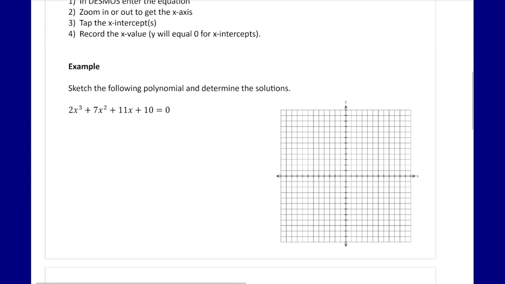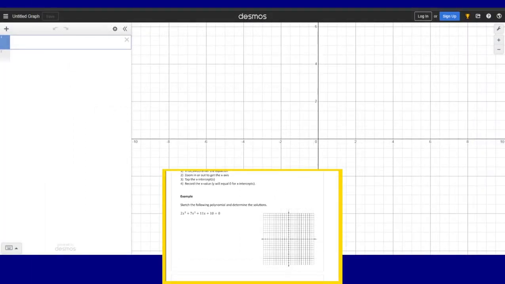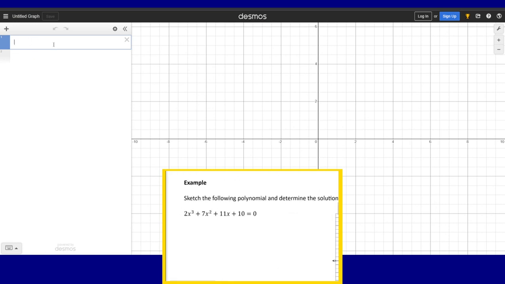So, for example, we want to sketch the following polynomial and determine the solutions. So yes, this is a four-term polynomial. We could factor by grouping, but if we were to try, we'd realize that it's not possible. So what we're going to do is go to Desmos, which we have already set up, and enter in the function.